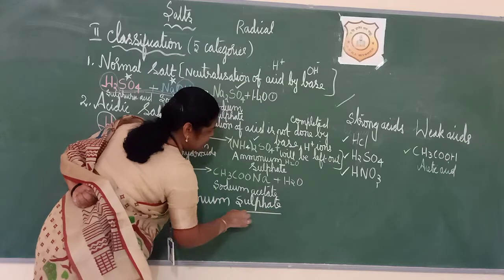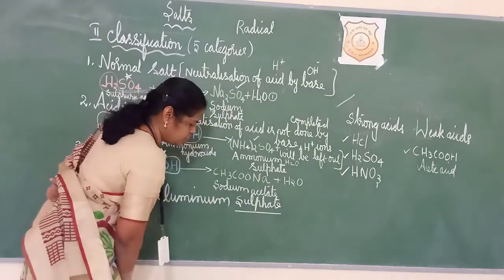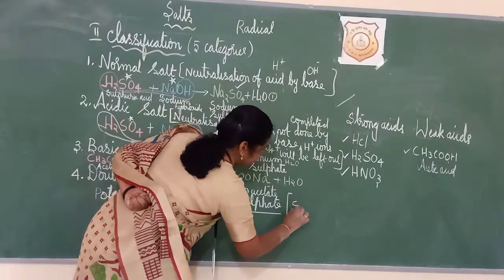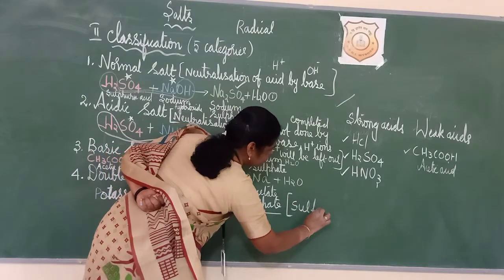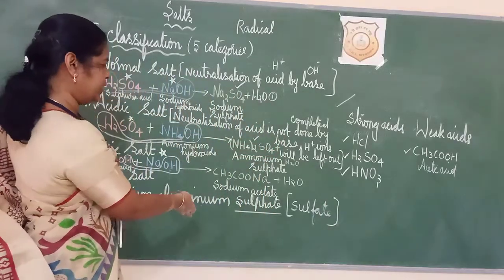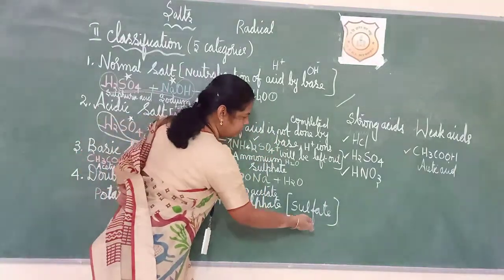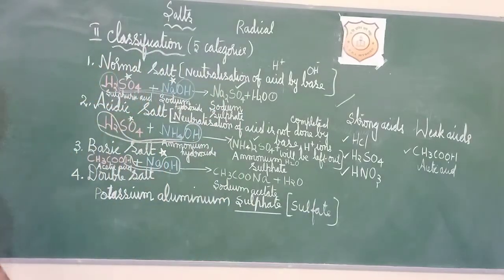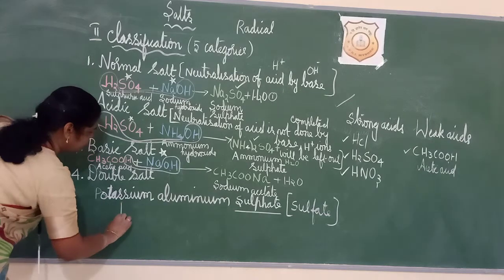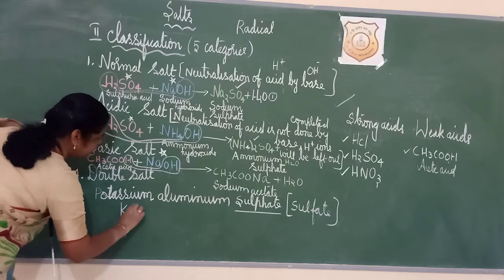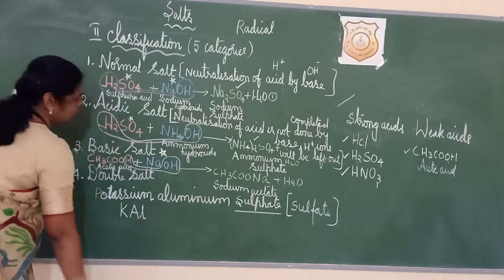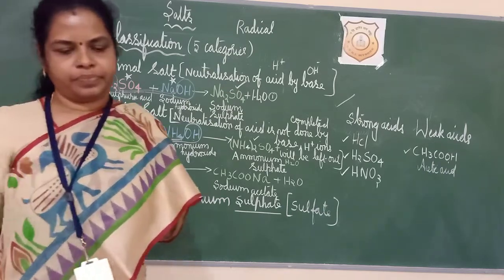See, sulfate, it can be written like this, but in 2000 IUPAC they have clarified that it can also be written as sulphate. Okay, so in both cases we can write. You can write like this, which is British English, and you can also write sulfate. So potassium aluminium sulfate. Potassium formula K, aluminium Al, sulfate. What is the sulfate formula? Good.